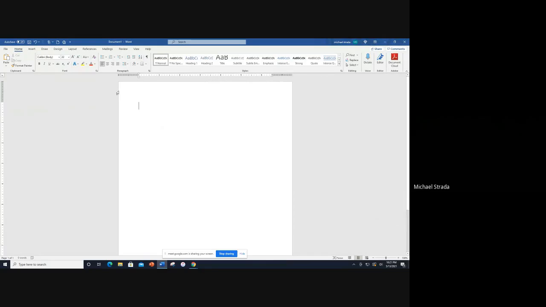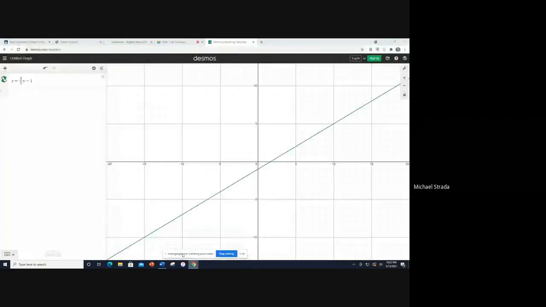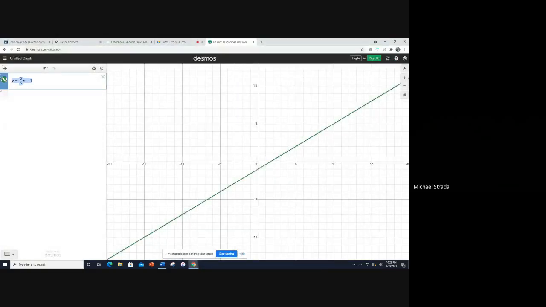Let's say we're looking at the system y equals 2x minus 2, and 3x minus 2y equals 6. When we do y equals 2x minus 2, we can graph that right away.